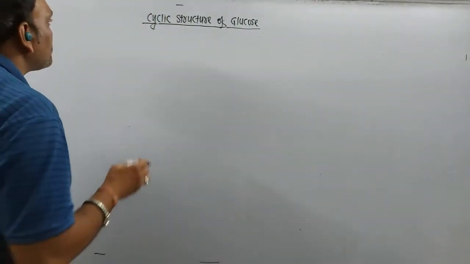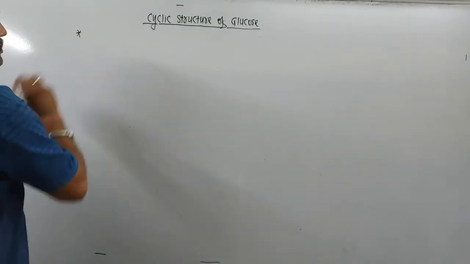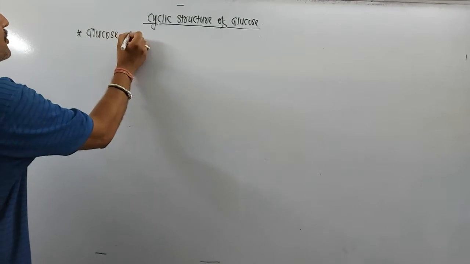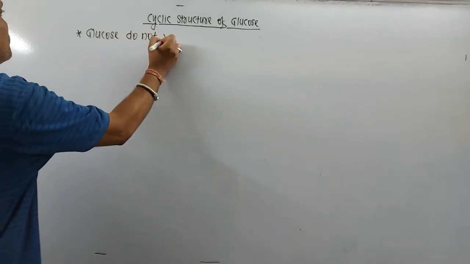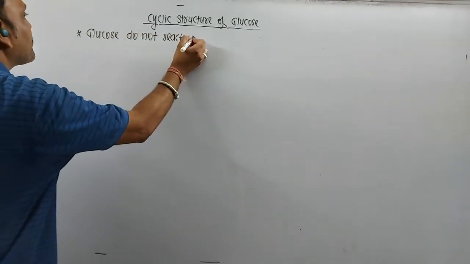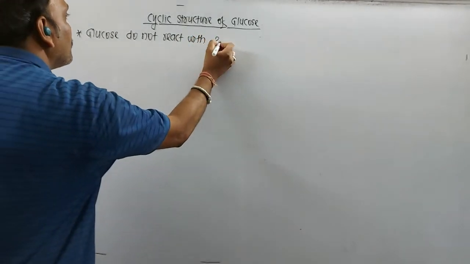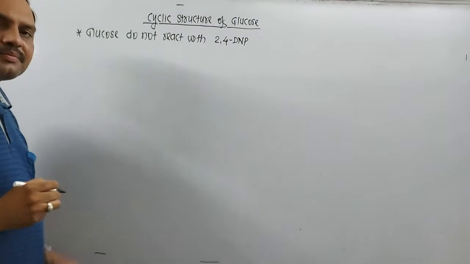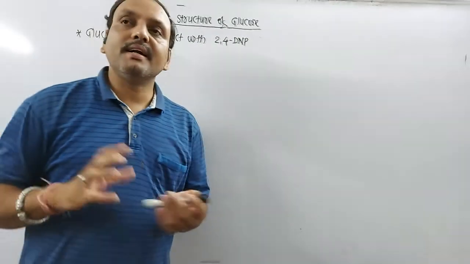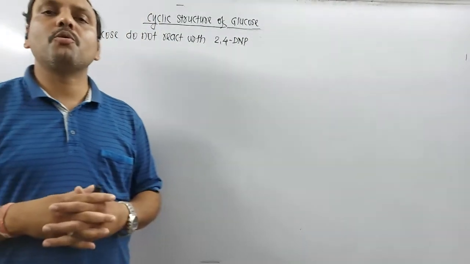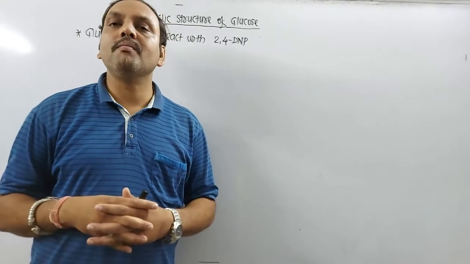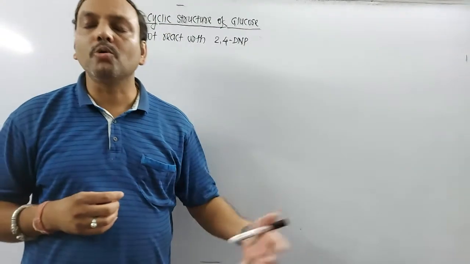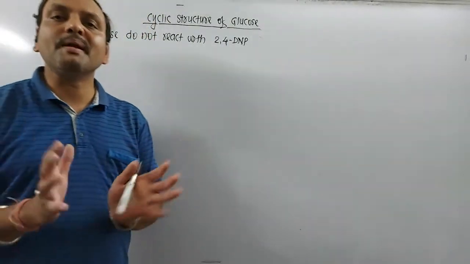So, what actually are those properties? Remember, glucose does not react with 2,4-dinitrophenylhydrazine. We all know very well that aldehydes react with 2,4-dinitrophenylhydrazine to form the corresponding 2,4-dinitrophenylhydrazone derivatives, which happen to be the imine product.